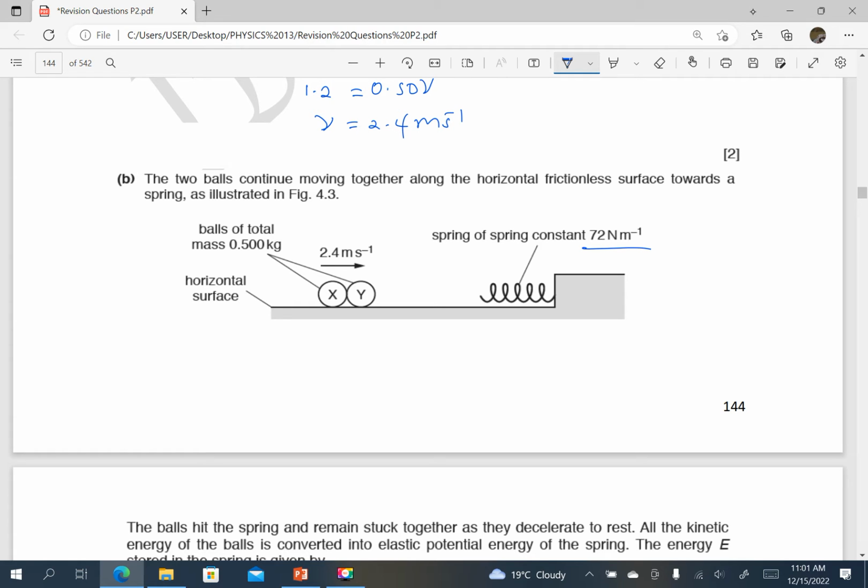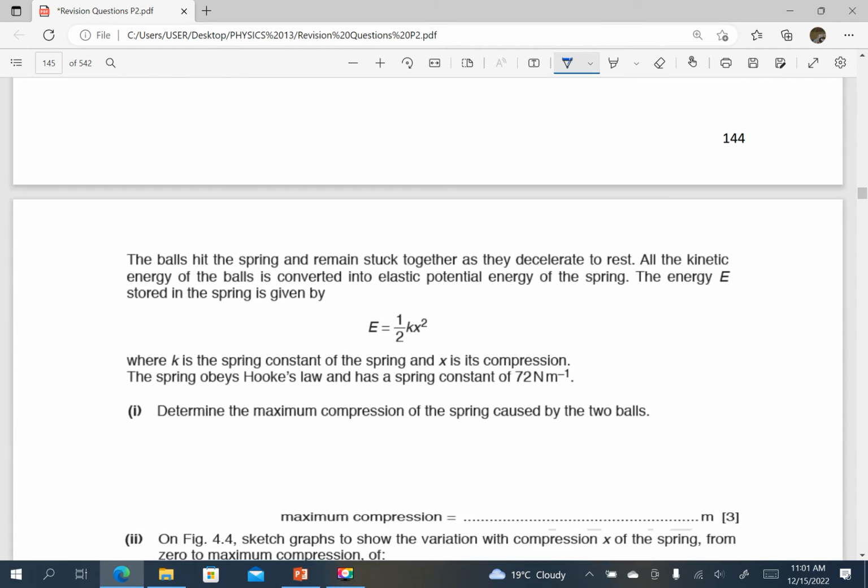Of course, we know what will happen when they collide with the spring: the spring is going to be compressed. The balls hit the spring and remain stuck together as they decelerate to rest. That means they lose all their kinetic energy. In other words, all the kinetic energy is converted into elastic potential energy of the spring.